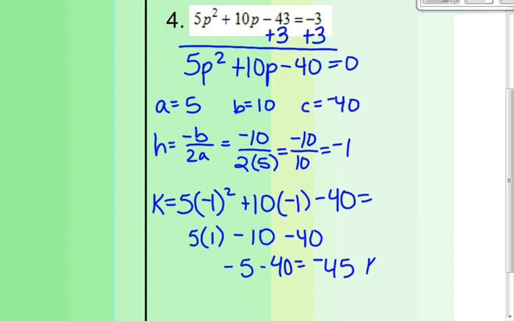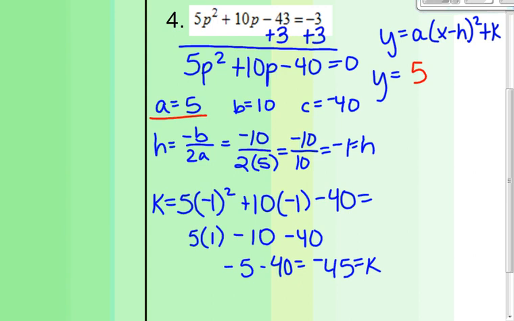So here is my k, here is my h, and so now I can plug in a, h, and k into vertex form. So that formula is on your formula sheet for the EOCT. Now, we remember that a was 5, so I'm going to plug in a 5 for a.